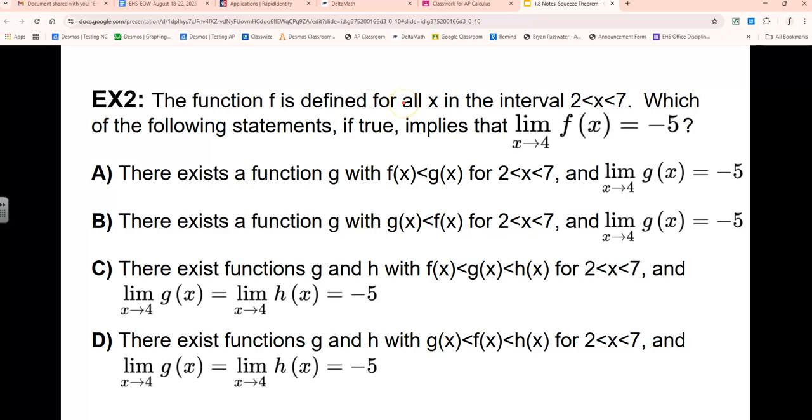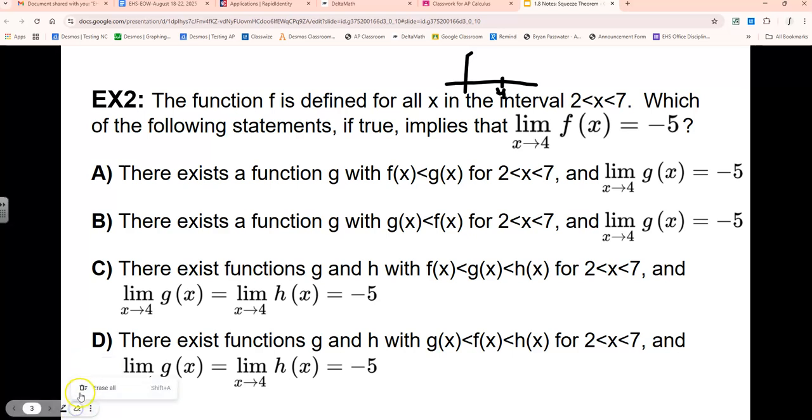So, if we run through our examples here, we're talking about a function f. I'm going to draw a little graph right here. We're talking about x approaches 4, so let's put our 4 right here. Oh, I should have drawn this better. Let's clear that out.